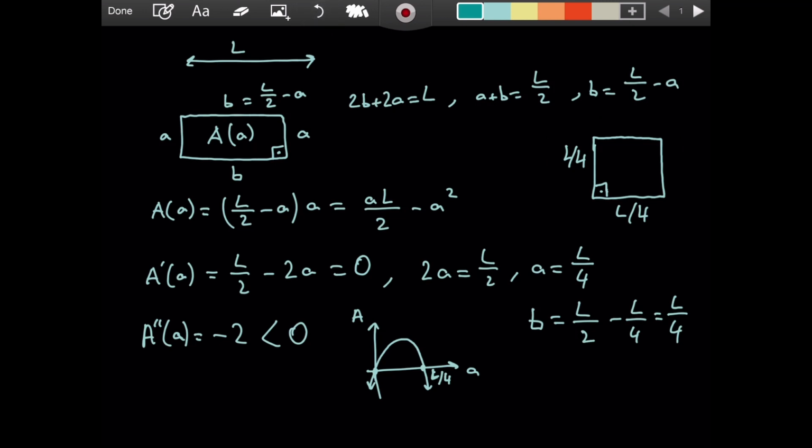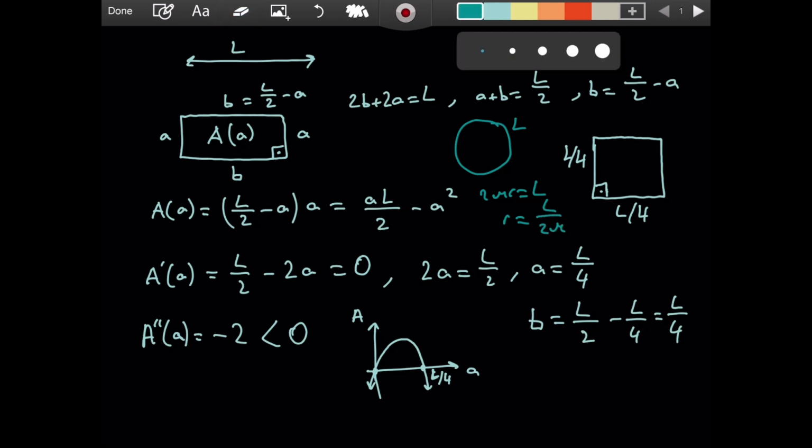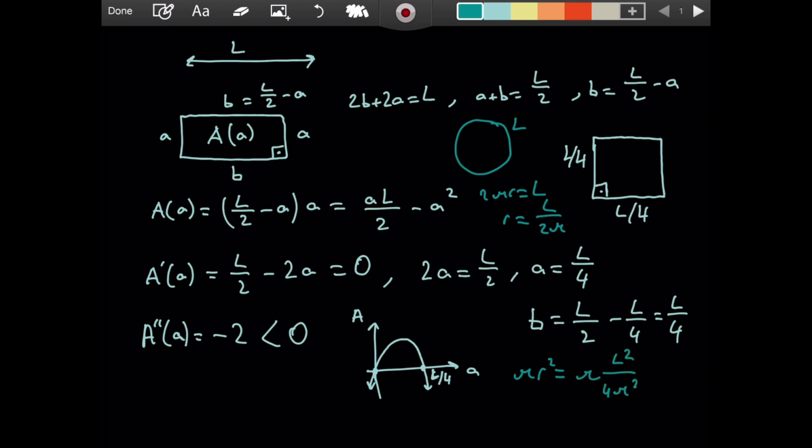If we were to construct a circle, let's say the circumference is L, so 2 pi r equals L, then r is equal to L over 2 pi. And we know that the area is pi r squared, right? So it is pi times L squared over 4 pi squared. Pi simplifies, so we have L squared over 4 pi.